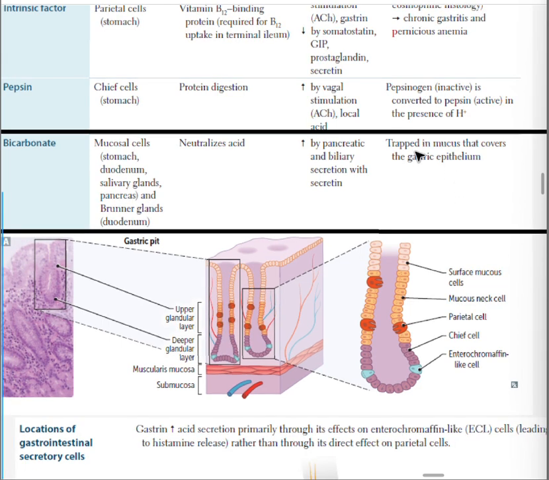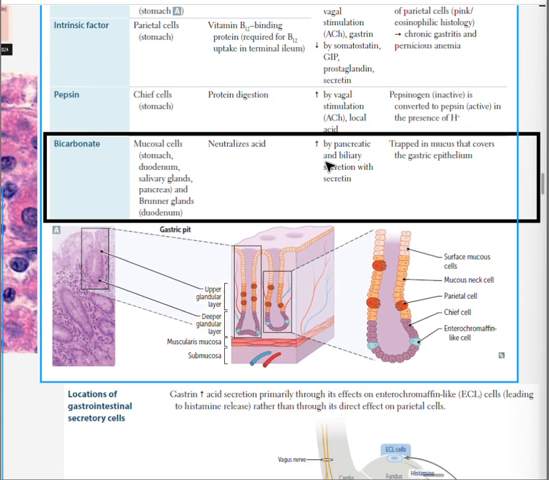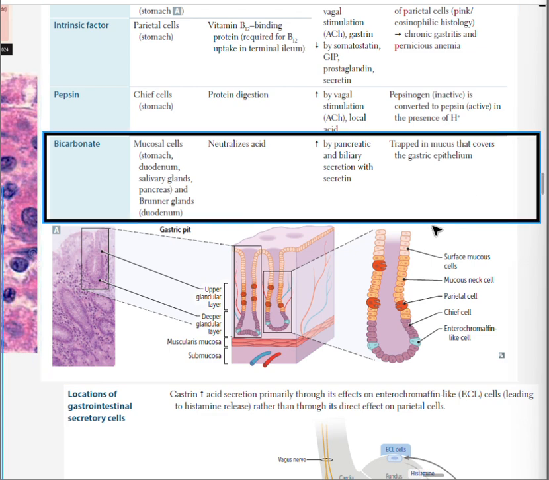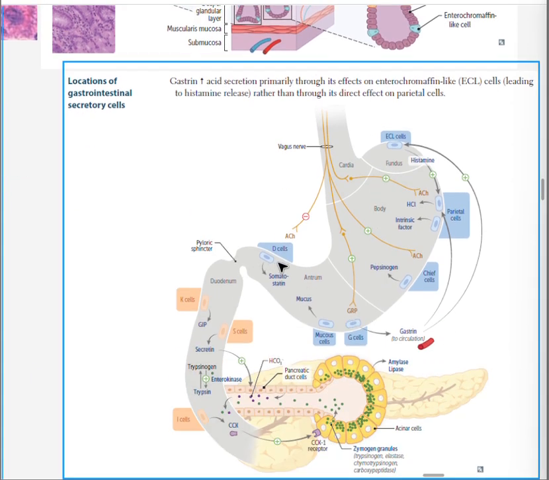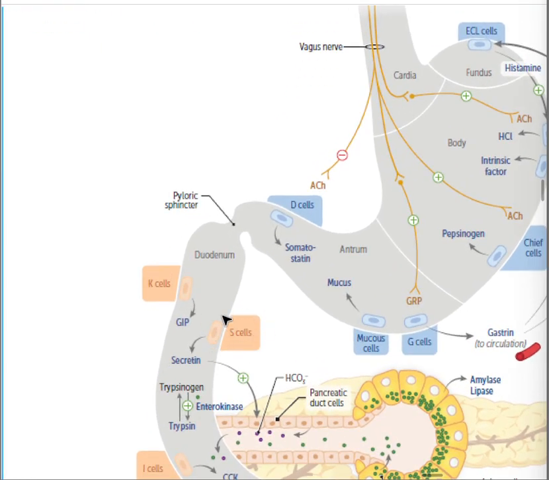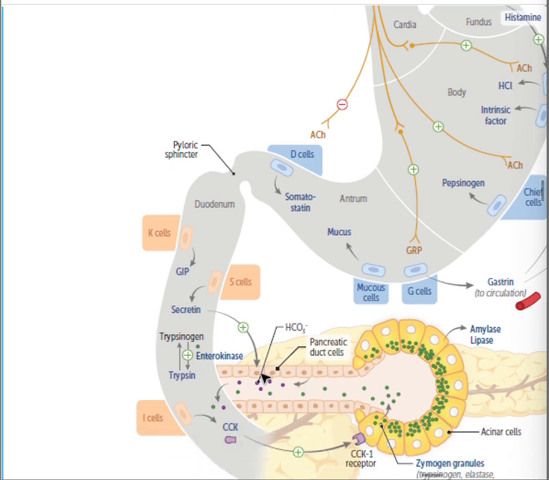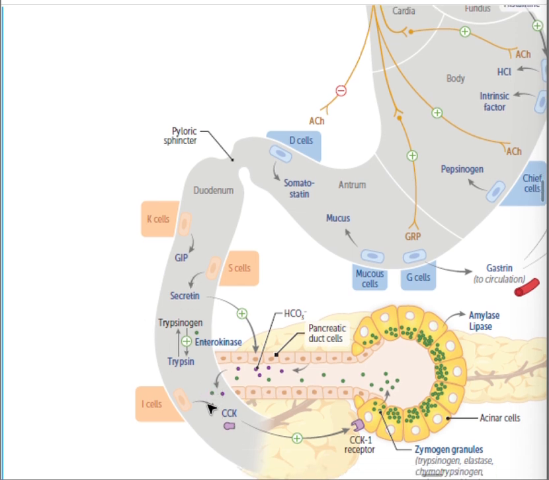When the low-pH acidic chyme enters the duodenum, the S cells secrete secretin, and this targets the pancreatic ductal cells, leading to bicarbonate and water secretion. Alkaline pancreatic juice flows into the duodenum, and there is also action on the biliary system. The cholangiocytes, the bile duct cells, lead to increased bicarbonate-rich bile, so bile becomes more alkaline and watery.